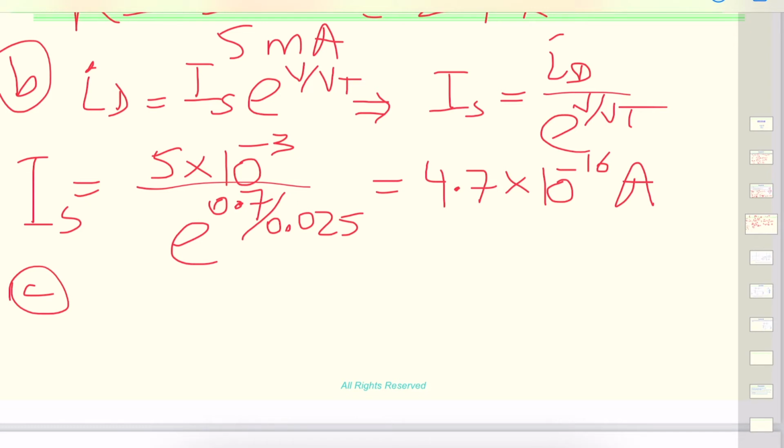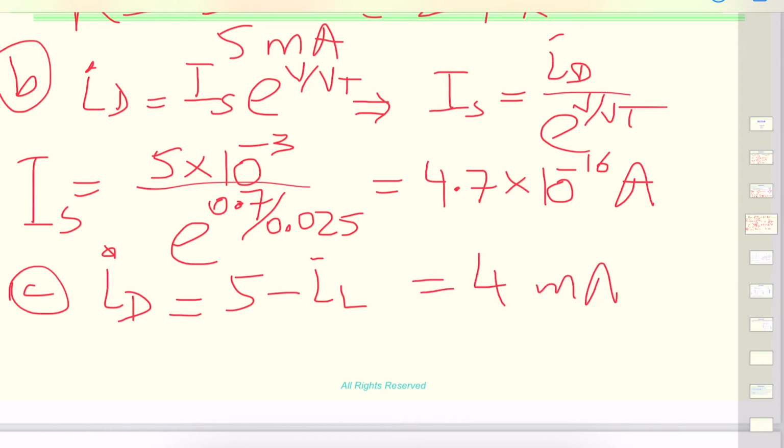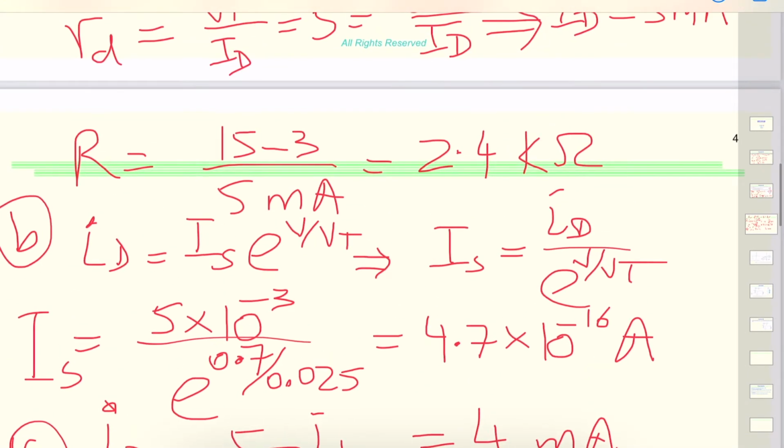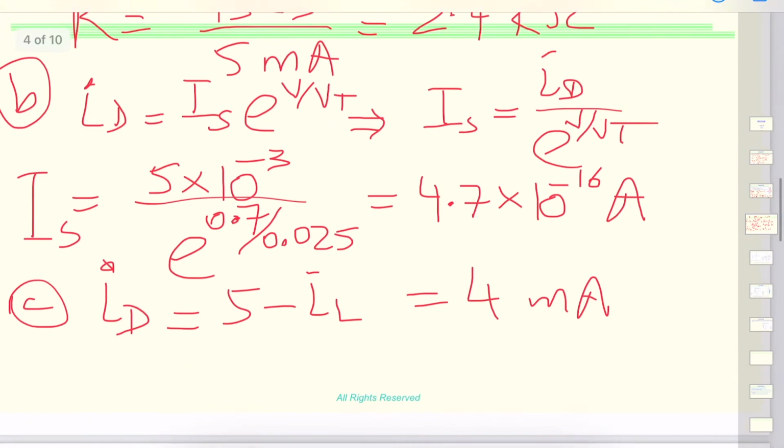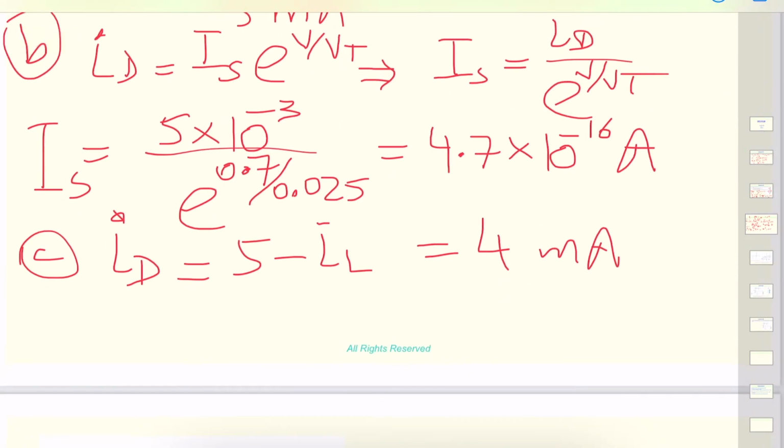Now, the current that's going through the diode is the difference of the current that's flowing minus the load current. And that gives us 4 milliamps. Remember, we found our diode current as 5 milliamp here. So we are just using that here.